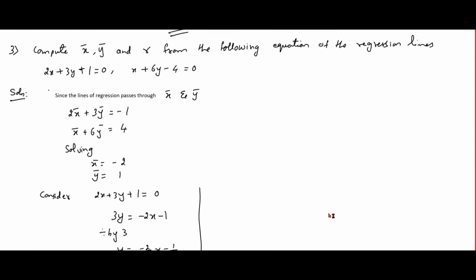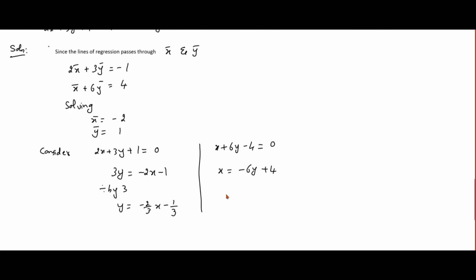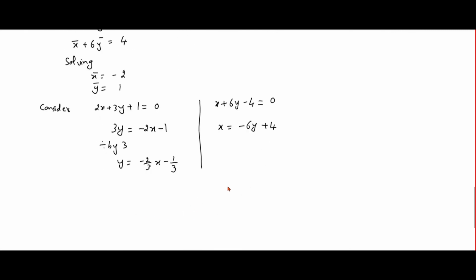I have to express that in the form of x is equal to. So you have x + 6y - 4 = 0. From here I get the value of x as minus 6y plus 4, sending 6y minus 4 to the other side. So I've got y is equal to, and I have got x is equal to.